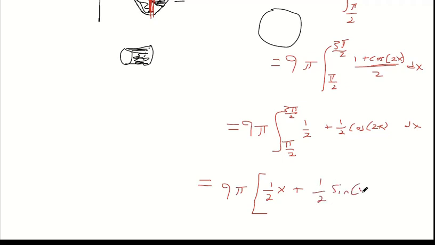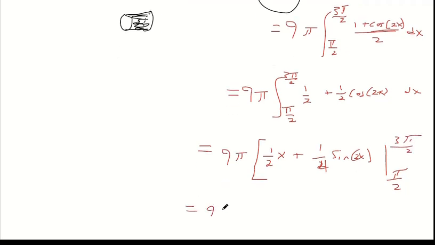But we need to consider what would happen with the chain rule. Because right now, if I take a derivative of this, the 2 would come out from the chain rule and cancel out, so that we need to multiply this by another 1/2, so in other words 1/4. So this is the antiderivative of this. And then we evaluate this integral. The limits of integration are pi over 2 to 3 pi over 2.